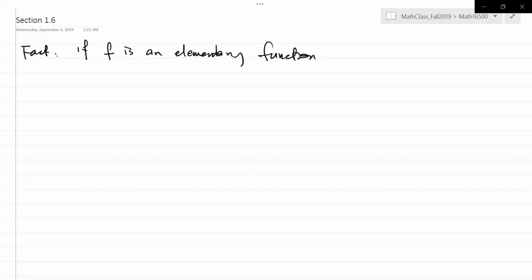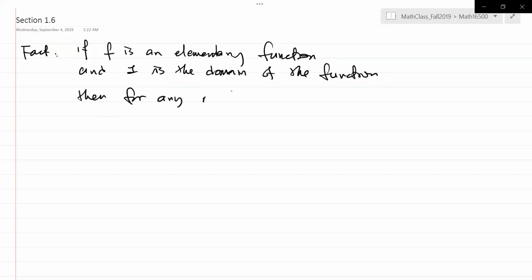It says that if f is an elementary function and I is the domain of the function, okay, elementary function means the function is defined by combining many well-known functions such as square root of x, sine x, cosine x, and so on. Then it has a domain, okay?